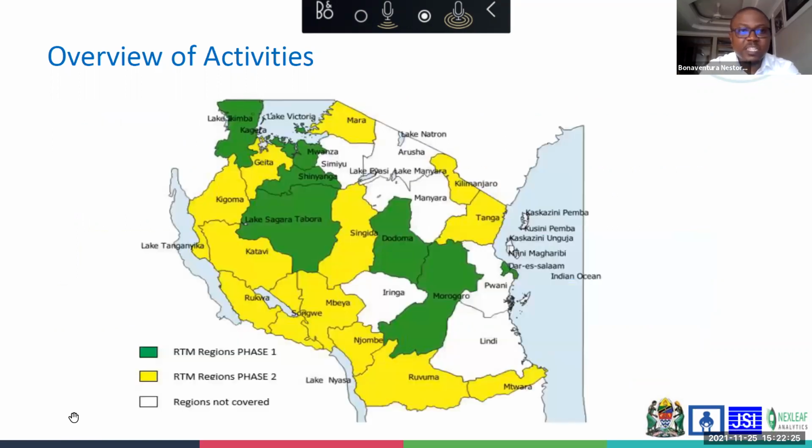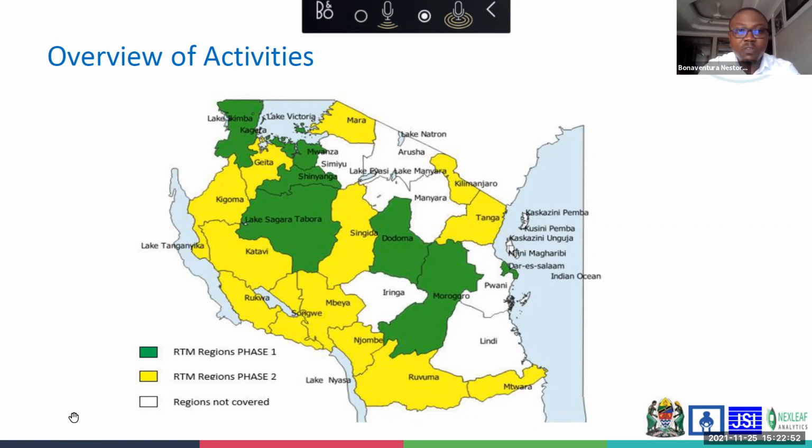Next slide, please. This is the map of Tanzania. As you can see, we have different phases of installation of devices. The green color shows the installation of devices in the first phase, where we had almost 7 regions: Kagera region in the northwest part of the country, Mwanza, Tabora, Shinyanga, Dodoma, Morogoro, and Dar es Salaam.